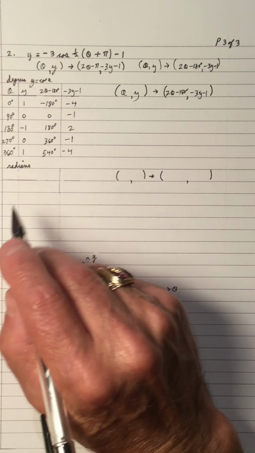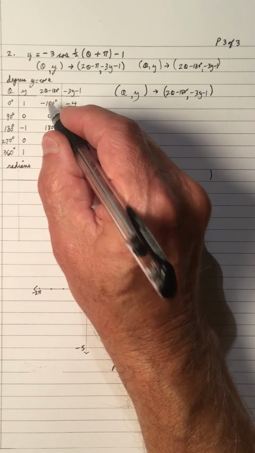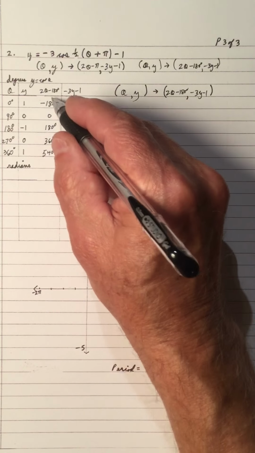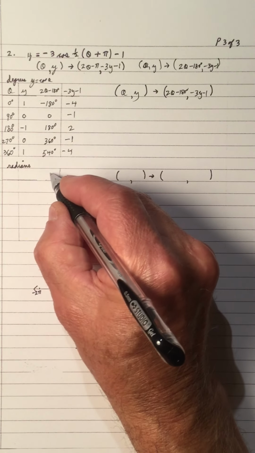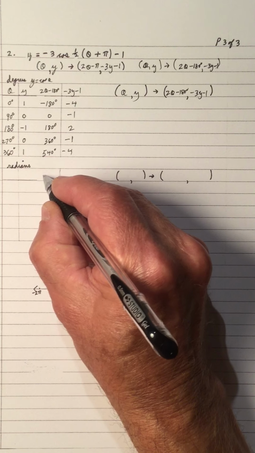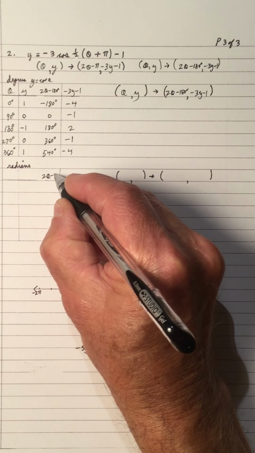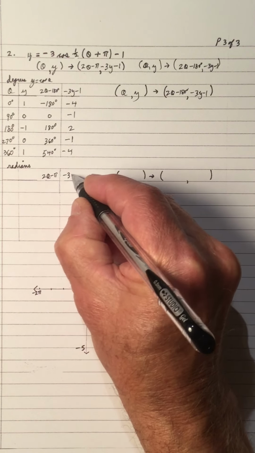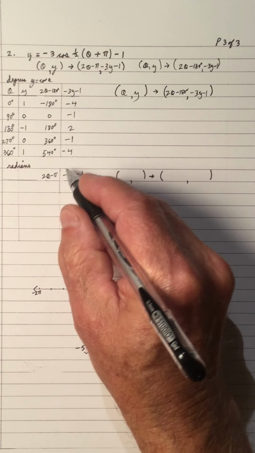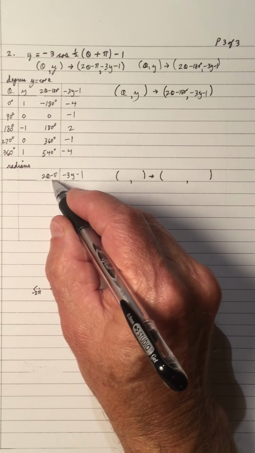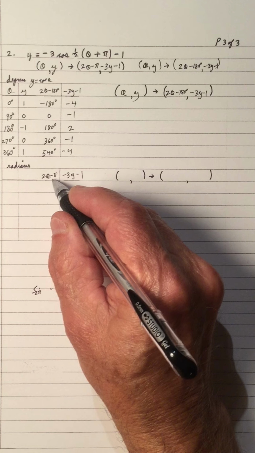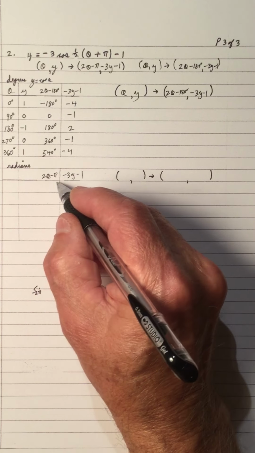Now, I can take the degrees and convert them to radians, or I could work it out in terms of radians. So if I do radians, I can just convert here. So this would be 2 theta minus pi, negative 3y minus 1. So if I do radians, I'm going to plug a 0 radian in.